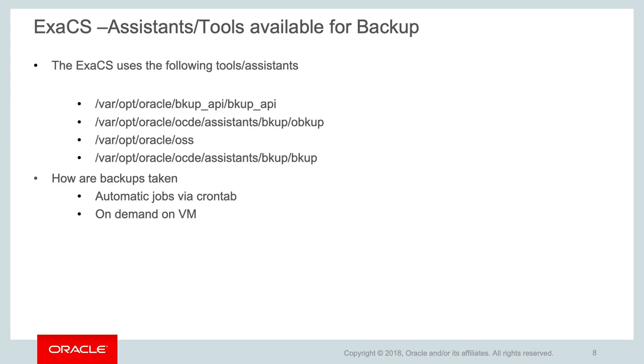You also always have the opportunity to invoke a backup on demand, and that backup can use any kind of tag, or you can keep it for a longer-term retention policy, or keep it with the option of forever. So depending on the scenario, you have the ability to use these tools and configure your backups.